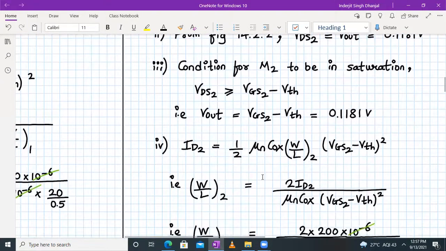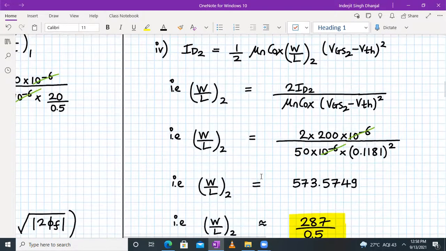Now, since the M2 transistor should remain in saturation, the drain current formula will be ID2 is equal to half mu n Cox W by L of 2 into (VGS2 minus VTH) the whole square. So from here we calculate the value of W by L of 2. Here ID2 value is same as 200 microamperes. Mu n Cox is 50 micro.